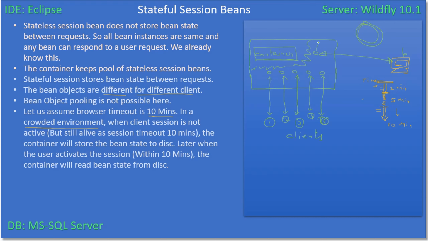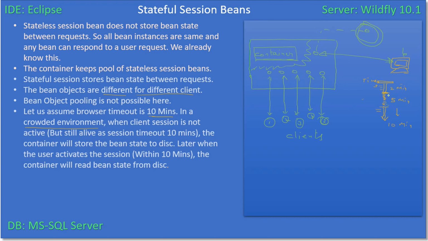That means this object will go to disk, and it happens during this period. If it sees there is no interaction for some period of time, then the container will decide to move the object to the disk. That means it will clear this memory so that if any new incoming request comes, it can allocate the space.